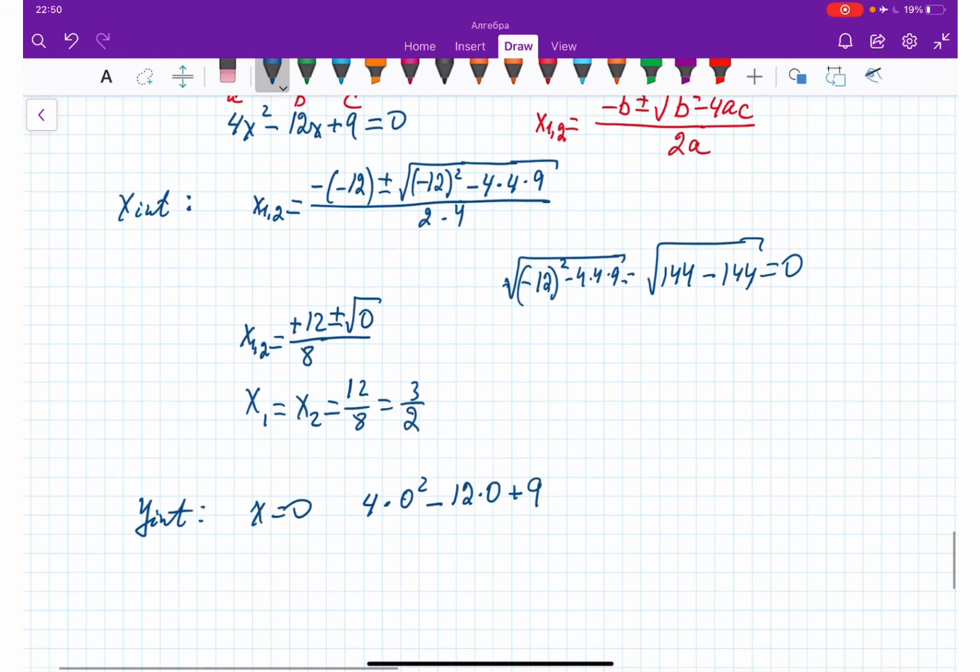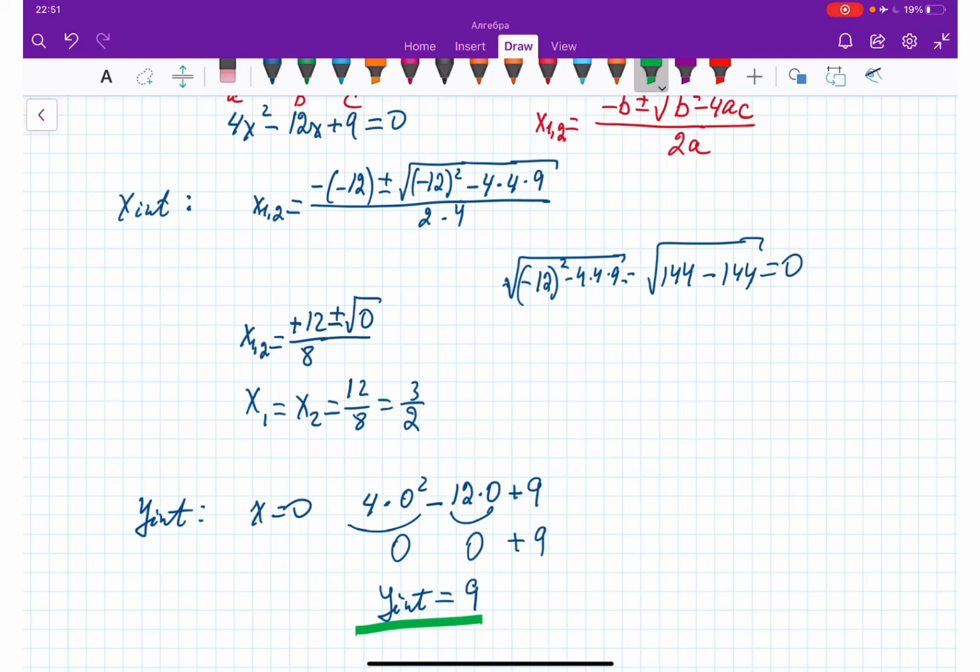So how much is it going to be? This is 0, this is 0, and this is plus 9. So the y-intercept is equal to positive 9. Okay, we have everything we need. Let's build the graph.